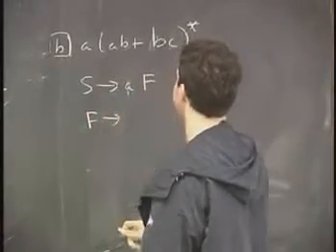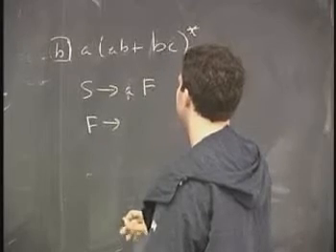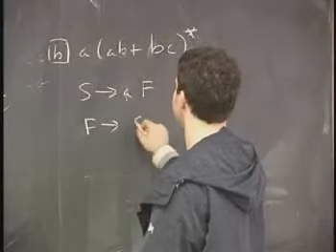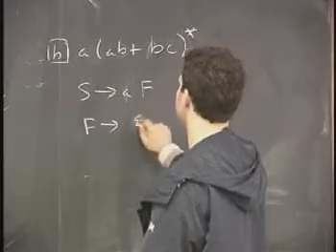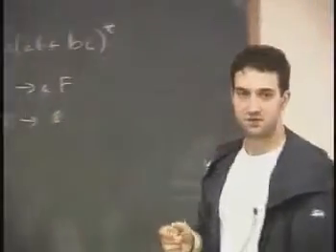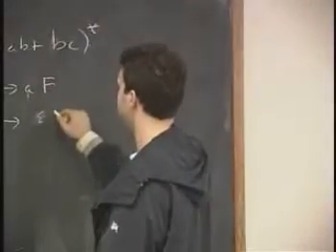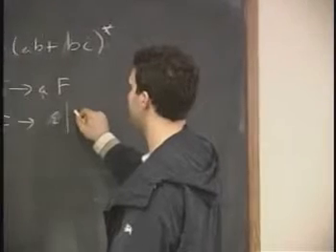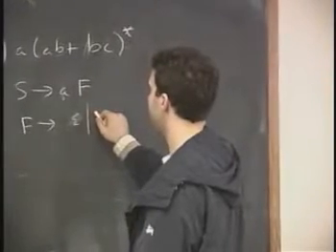And what does F go to? Empty, or we can't just do two. We want to do it using just regular notation. So epsilon or AG or BH.